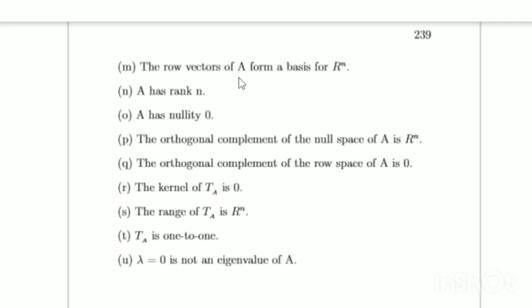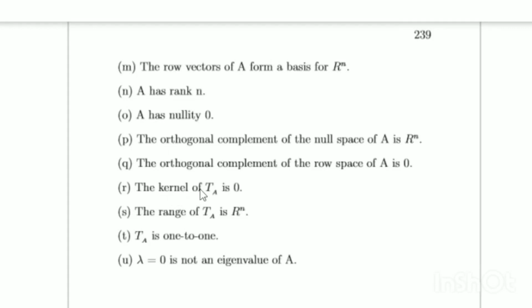And the row vectors of A form a basis for Rn, and if it is an invertible square matrix, then it has rank n and A has nullity 0. The orthogonal complement of the null space of A is Rn, and the orthogonal complement of the row space of A is 0.